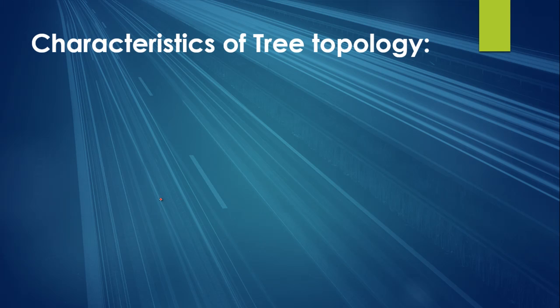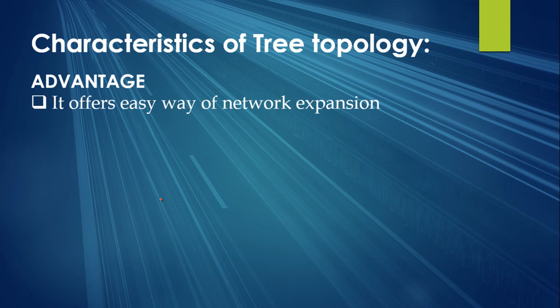So what are some characteristics of the tree topology? It offers an easy way of network expansion. Obviously you can see that we can expand the network, because what we have to do is set up a star network at one point and connect that star network to the backbone cable of the bus topology. That's it.